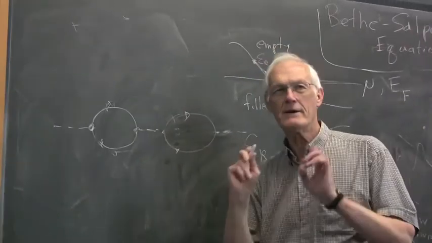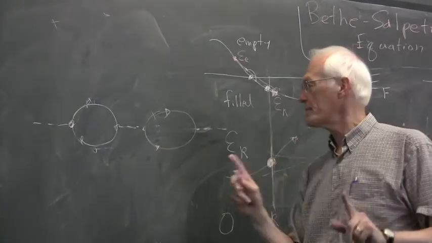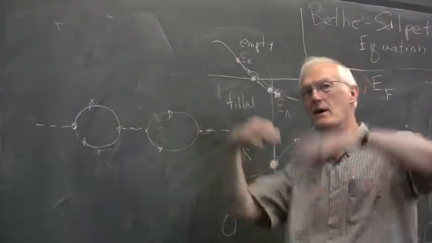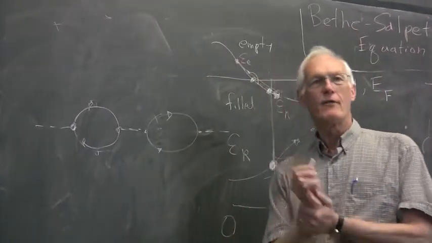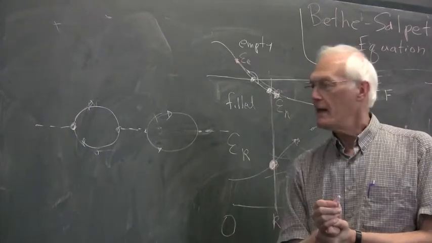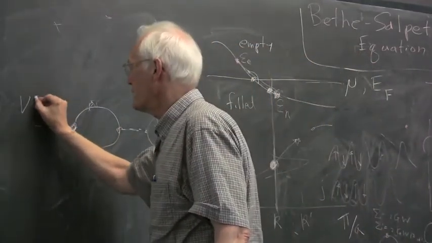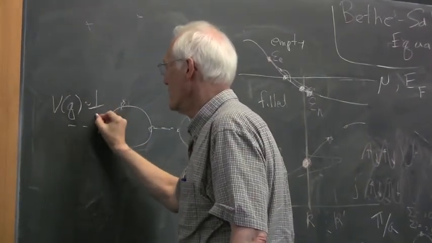This one has a very special character that's different from some of the others that you could draw by putting lines across in all the possible ways. The special thing is that for an electric field, especially at long wavelengths, the potential as a function of Q goes like 1 over Q squared.